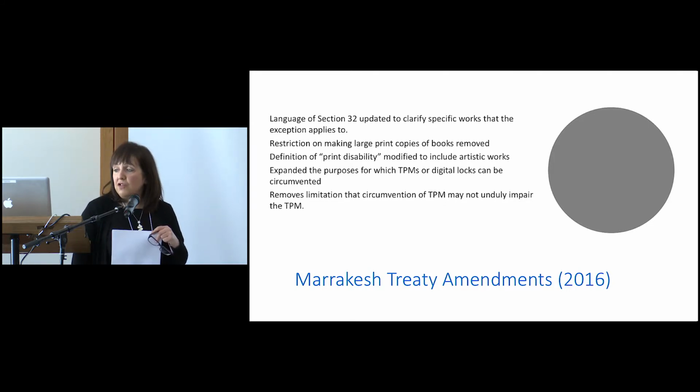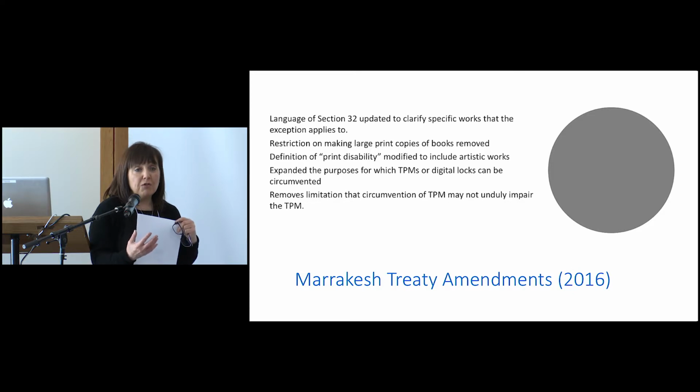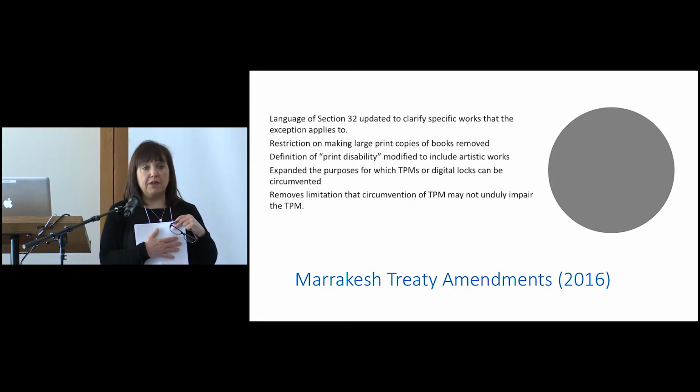There was a modification to the definition of print disability to include artistic works as something that a person with a perceptual disability would not be able to perceive. And there was an expansion to the purposes for which digital locks can be circumvented when you are making accessible format copies. It was expanded to include situations in which a nonprofit organization is making copies to share internationally, so that you could also remove a digital lock in order to enable that to happen.